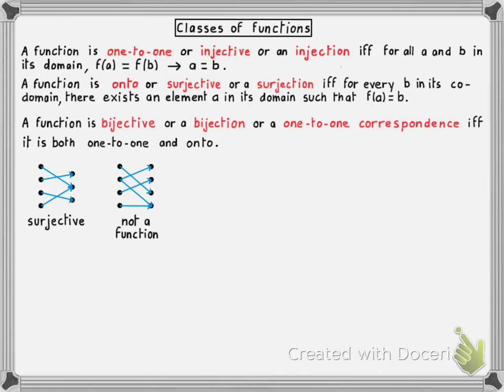Well, notice this element here, the second element of the domain, is associated with two distinct elements. In other words, it has two arrows going out of it. That is not a function. So in that case, we don't even need to worry about which category it falls into, since it's not a function at all. So keep your eye open: to be in one of these categories, you must first be a function.